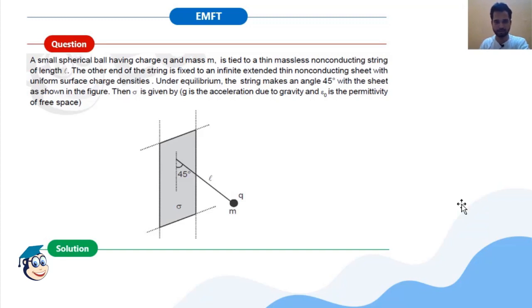Under equilibrium, the string makes an angle of 45 degrees with the sheet as shown in the figure. We are asked to calculate sigma.